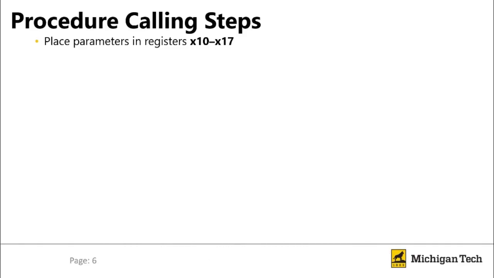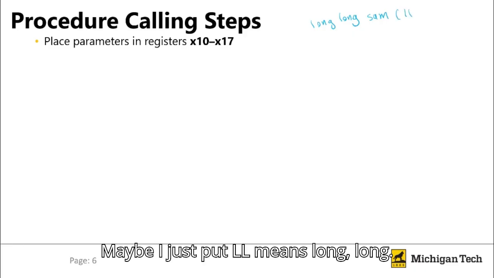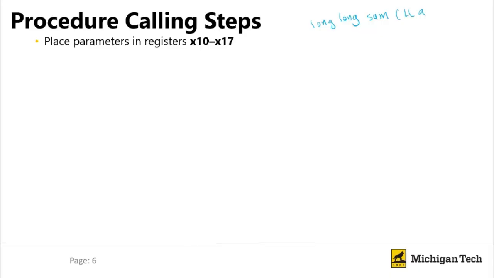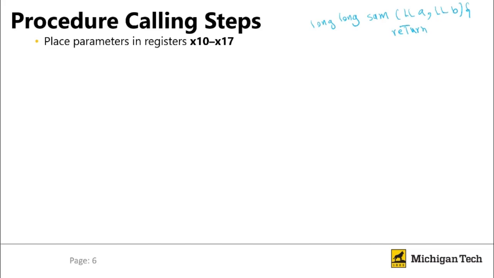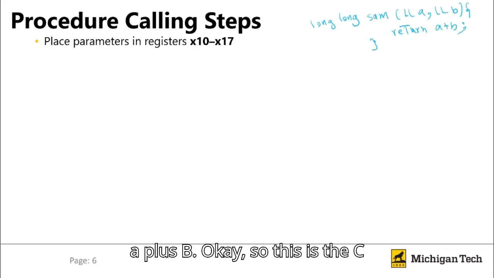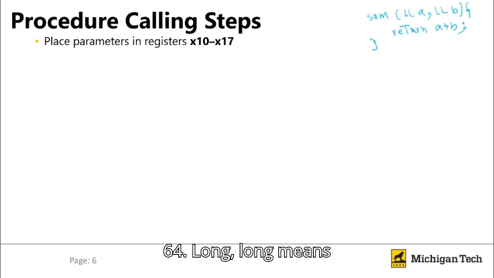So we have a function like this. We have long sum. Maybe I'll just put L, L means long. Long A, long B. So this is a function, and we return A plus B. Okay, so this is the C function for summing two 64-bit values.